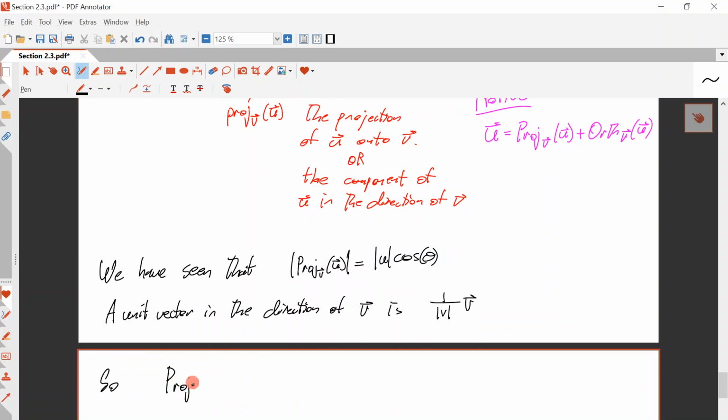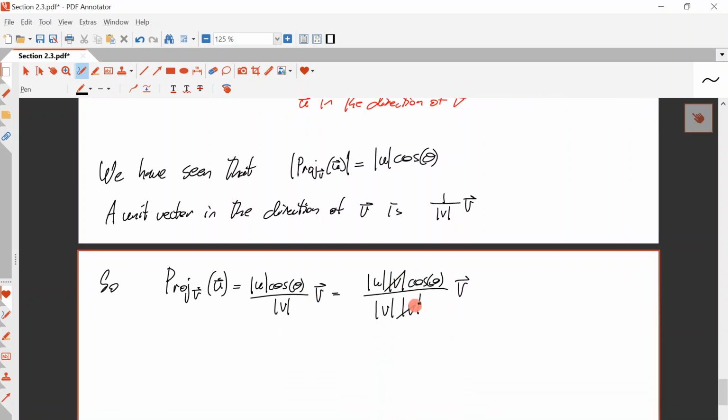So the projection onto the direction of v of u is equal to length u cosine theta over length v times the vector v itself. Right? But we can rewrite this as length u, length v, cosine theta, over length v times v.